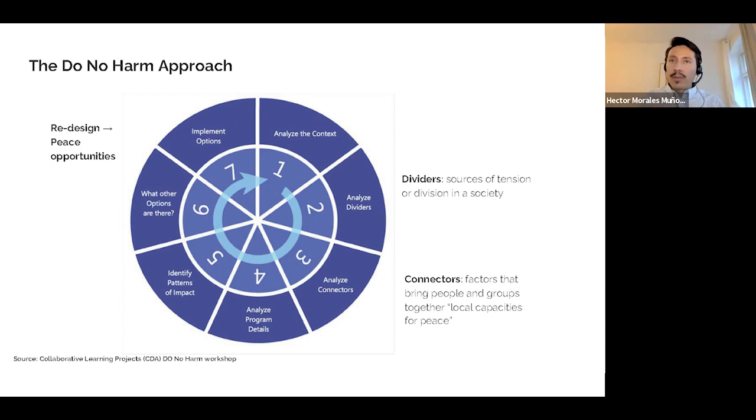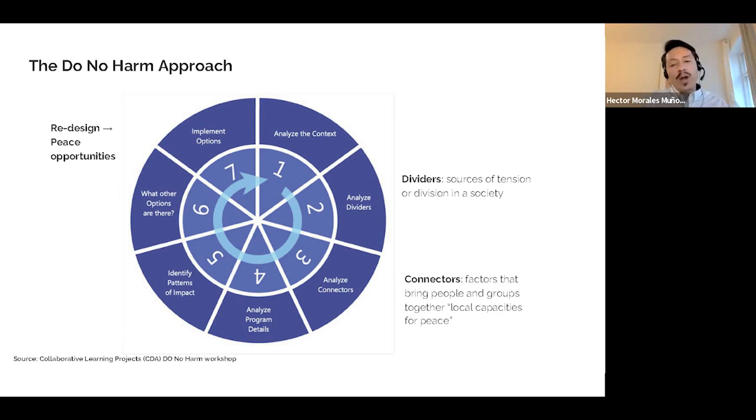So once you go through the program details and the different patterns of implementing the activities, and you analyze how each activity has an impact on the dividers and on the connectors, you can see precisely which activities are diminishing the dividers and are enhancing the connectors, which activities have the potential to put people together, to open dialogue spaces, and where you need to tailor the theory to diminish the dividers and create opportunities to build peace more actively.